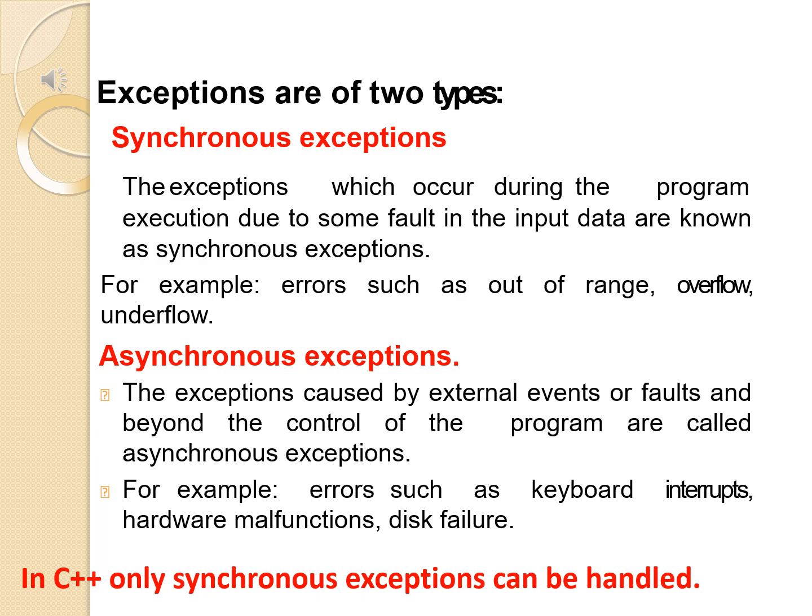All those come under asynchronous exceptions. In C++ we provide exception handling only for synchronous exceptions, that is, errors occurring due to program faults and not due to any external interrupts.